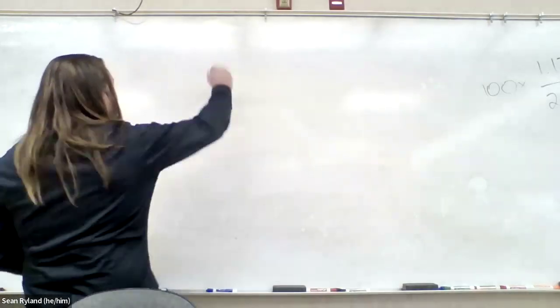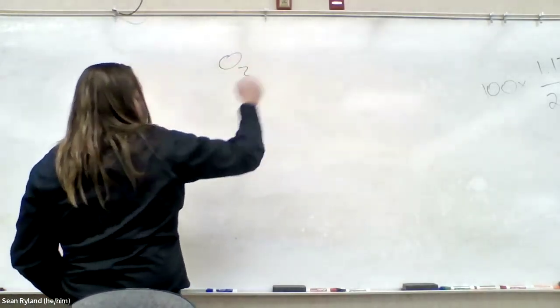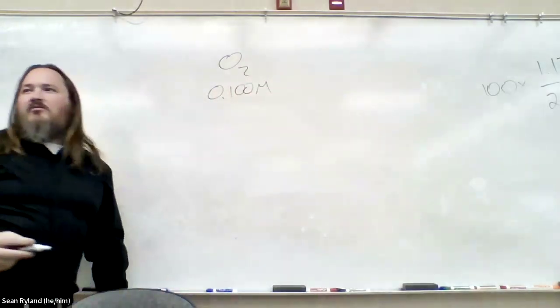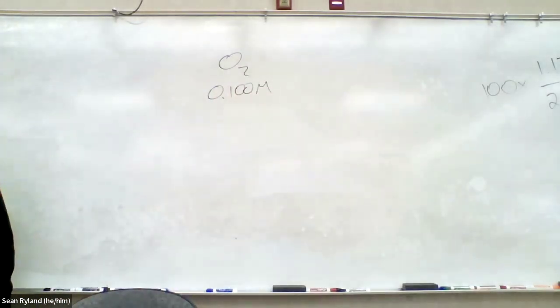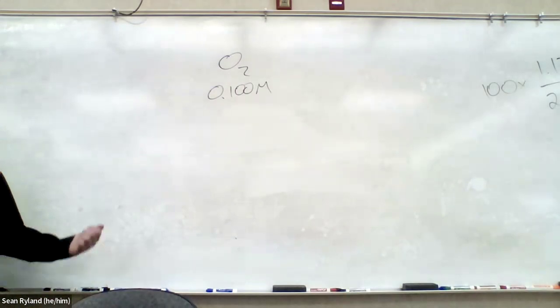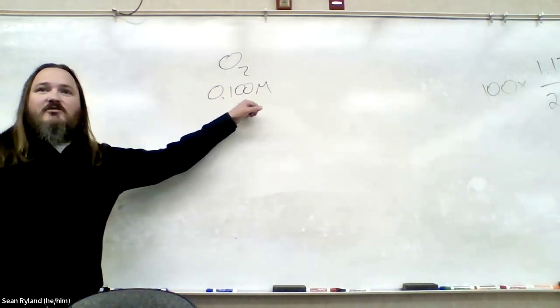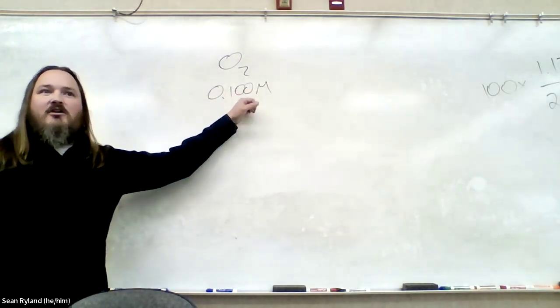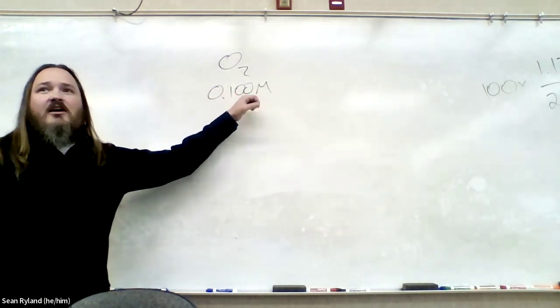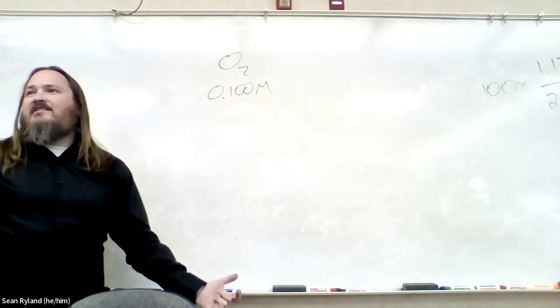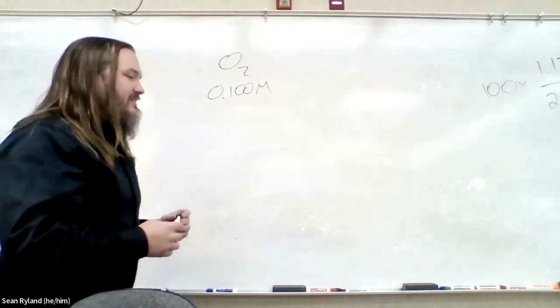So would it have been enough to say that our oxygen was 0.100 molar? What else do we need? We need a volume, right? So there are really two variables if we're trying to figure out moles from a solution. Gases, it turns out there's some variables too. Can anybody think of what variables affect gases?